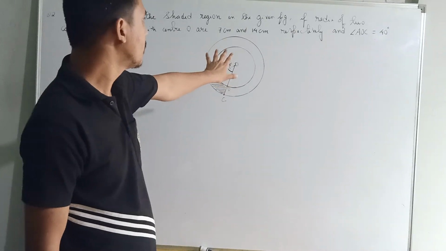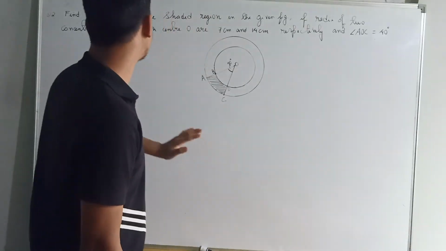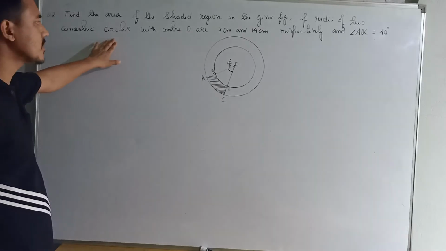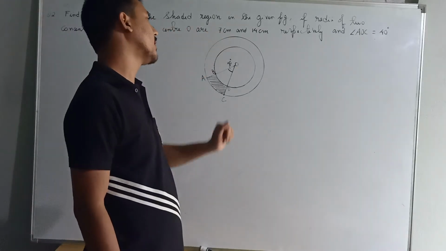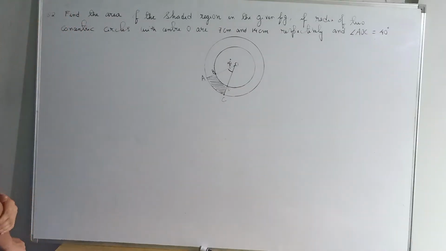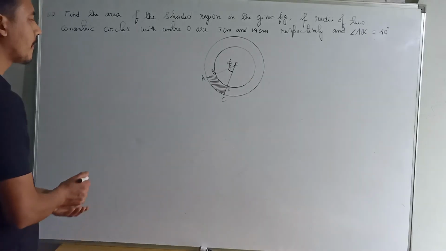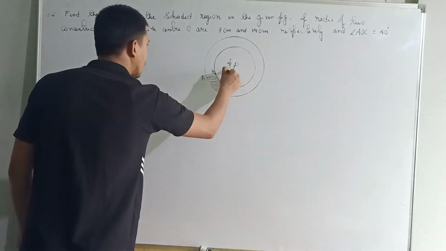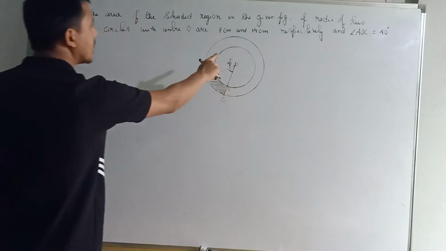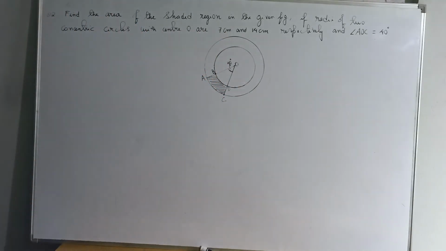In this figure, the radii of two concentric circles with center O are 7 cm and 14 cm respectively, and the angle at the center, angle AOC, is given to be 40 degrees.